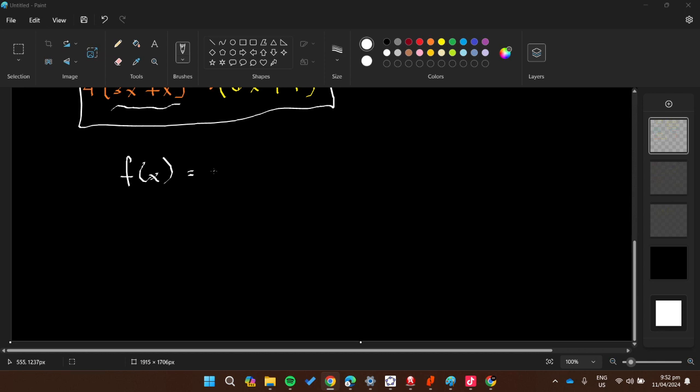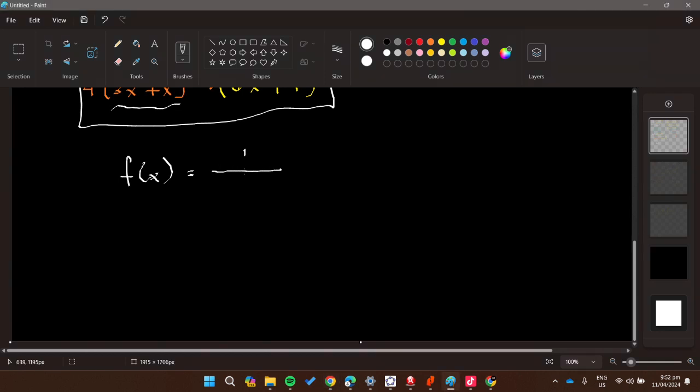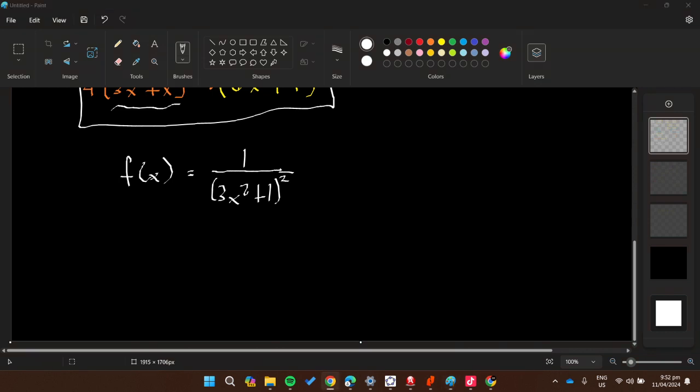Sige, I think this will be of a challenge. 1 over 3x squared plus 1 and then squared. Alright, so a combination of chain rule and quotient rule. So let's try that.